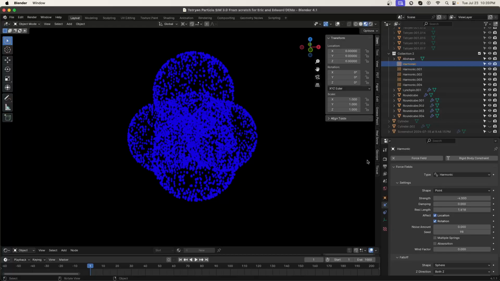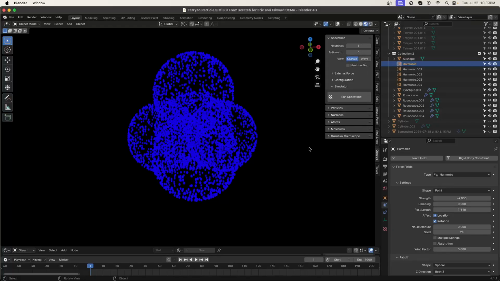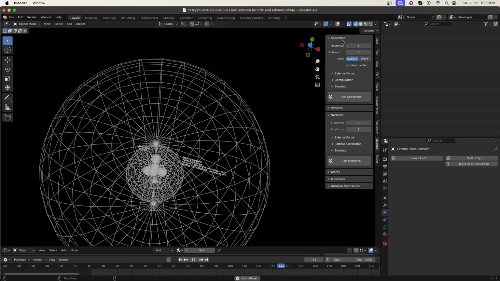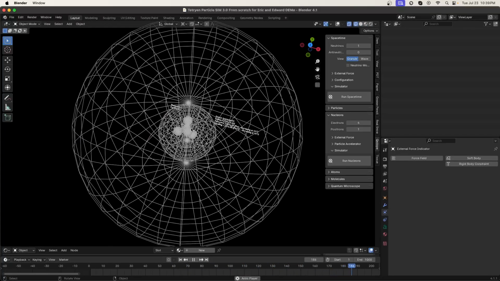Jeff programmed this, and it's called the Quantum Microscope add-on. And for an example, if we try to do the same model of 4 electron spheres and a positron in the middle, and we run that as the nucleons, all right, so it should be in there, I think.